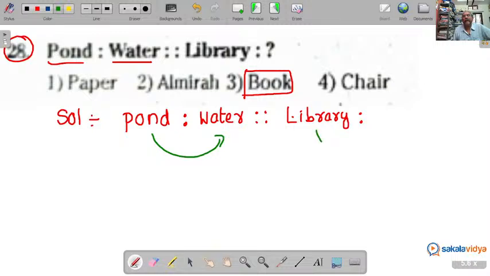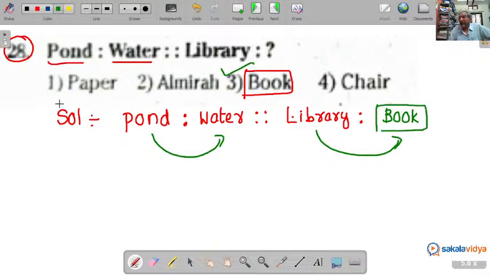In the same way, library is related to the book. So my dear students, book is the right answer. But you may get confusion, even paper also you can find, almara also, chairs also, but here relation is book relation.